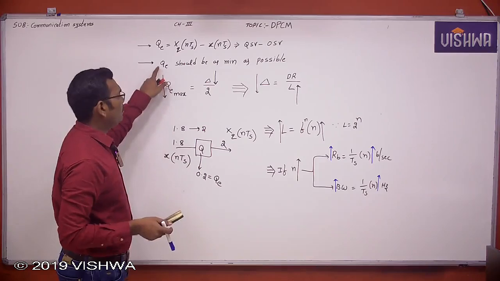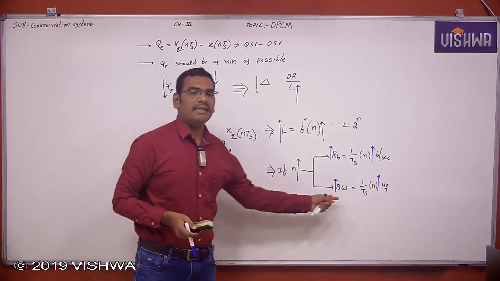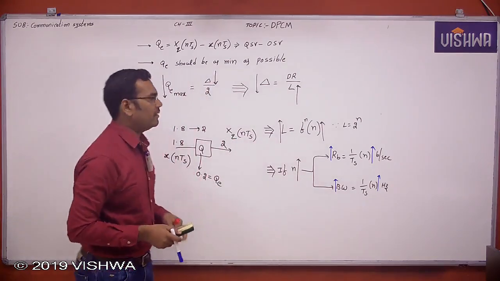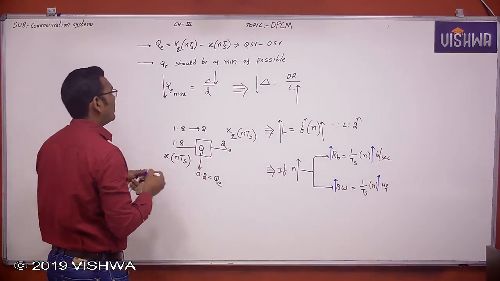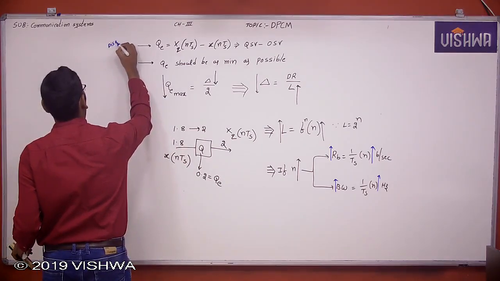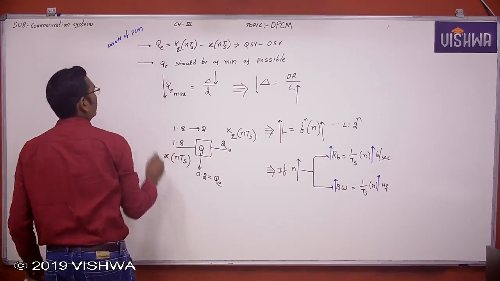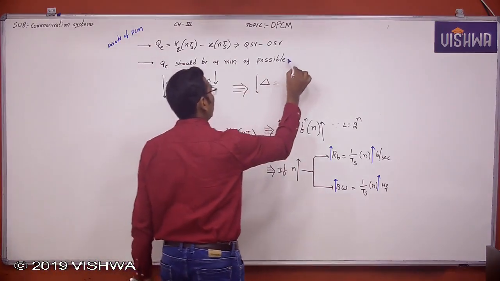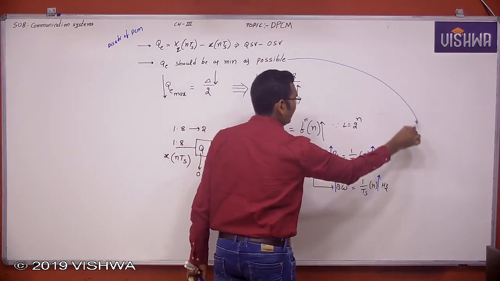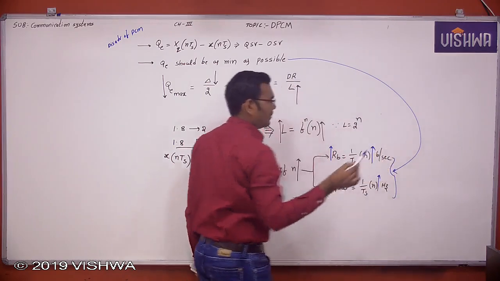So in order to minimize the quantization error, the effect will be increasing the bit rate and bandwidth. This is the disadvantage or limitation of the PCM system. Understand or not?